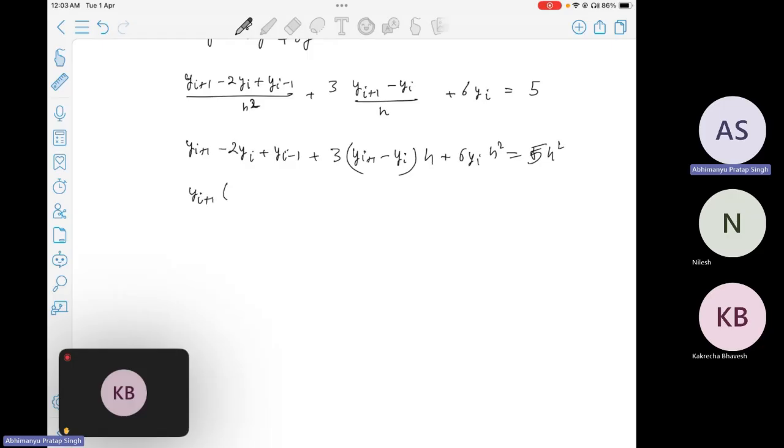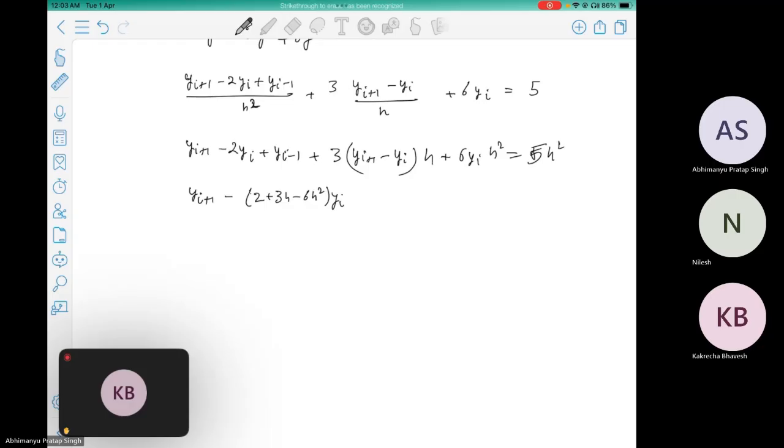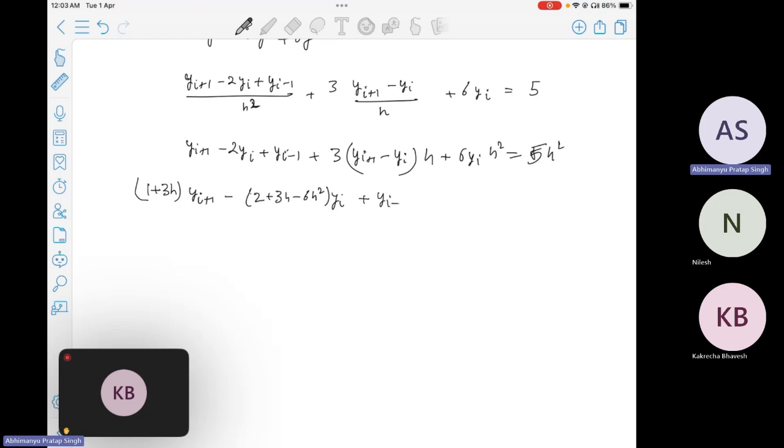So we get yi plus 1 into 4 minus 2 plus 3h, minus 6h square yi, plus yi minus 1 into 1 plus 3, equal to 5h square. So this is the equation which we will be iterating.